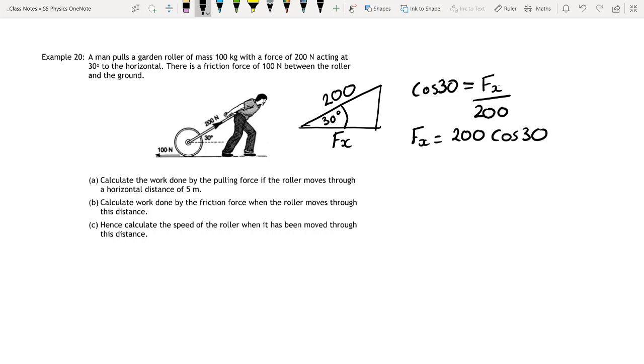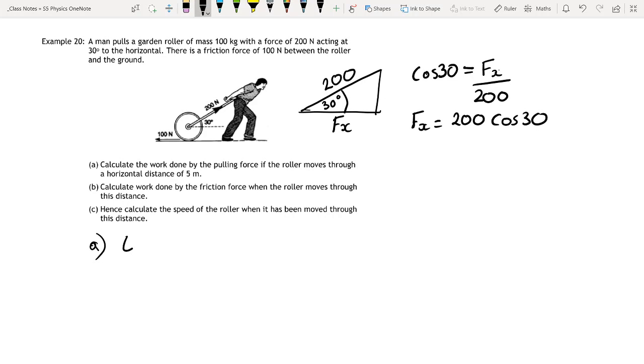So part A, the horizontal pulling force: we want to know the work done by the pulling force if the roller moves through a horizontal distance of 5 meters. To find the work done by the pulling force, I'll just put an arrow there because it means it's pulling in that direction. It's force times distance, but we have to use the horizontal component of the force.